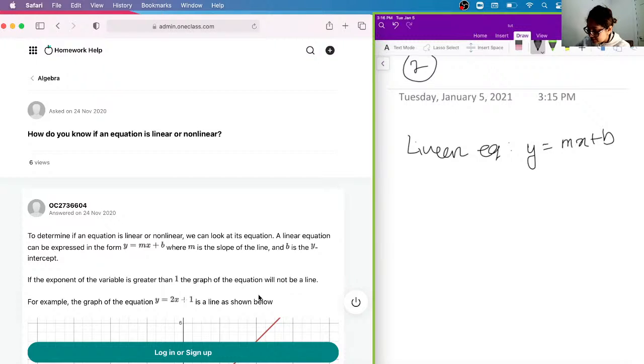Our normal regular slope equation, where m is the slope of the line and b is the y-intercept, right?